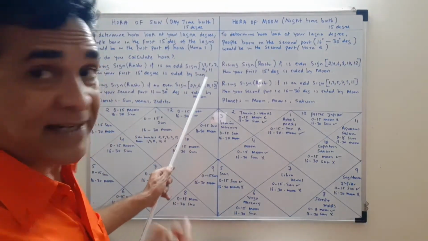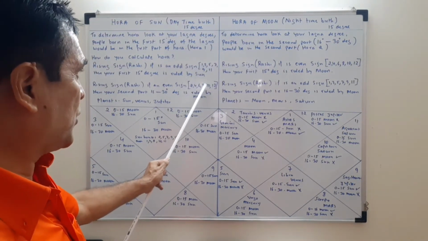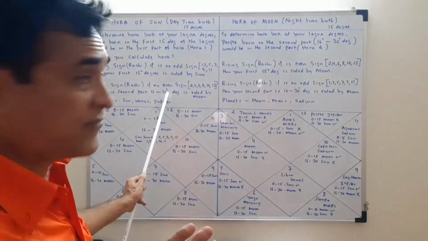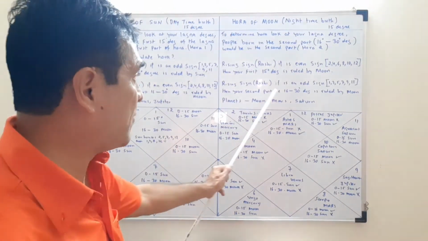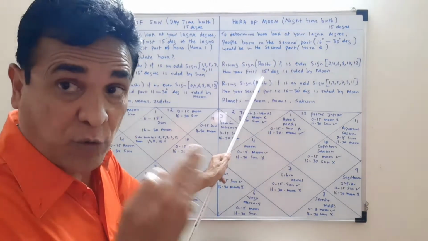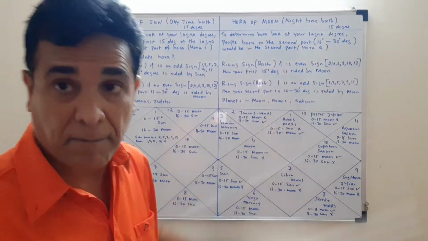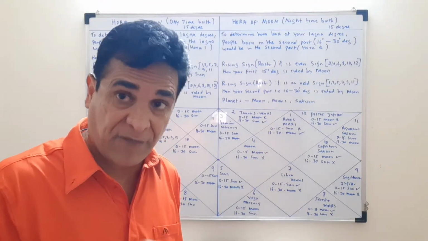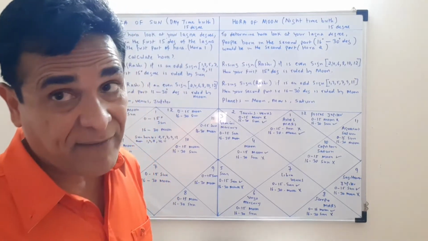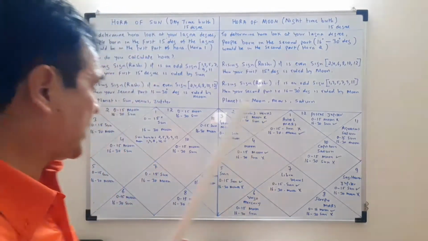Now mine is an even sign, Scorpio, and if I am born between 0 and 15 degrees, obviously I will be ruled by Moon. But if I was born at Scorpio 17 degrees, then I will be ruled by Sun. Please understand this. Okay.